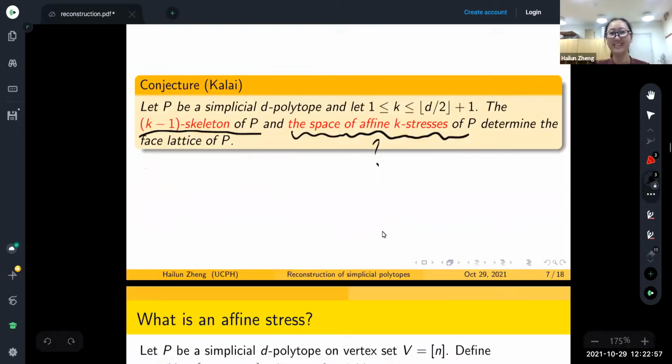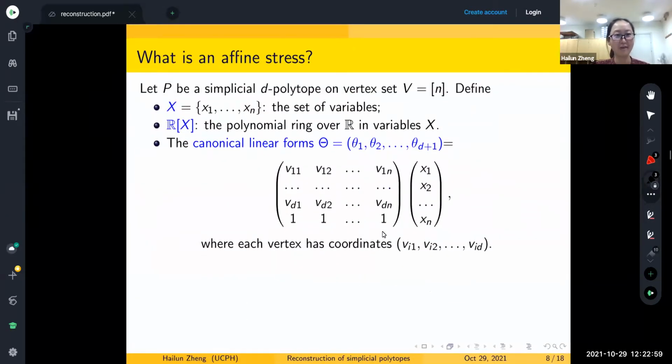Okay, so let's see, what is an affine stress? So now, again, I say that I have a simplicial D polytope with n vertices. And then what I'm going to do is use some algebraic tools to cook up functions defined on a polytope. So for each vertex, let's say the vertices are given by 1, 2, all the way to n, they are in correspondence with some variables.